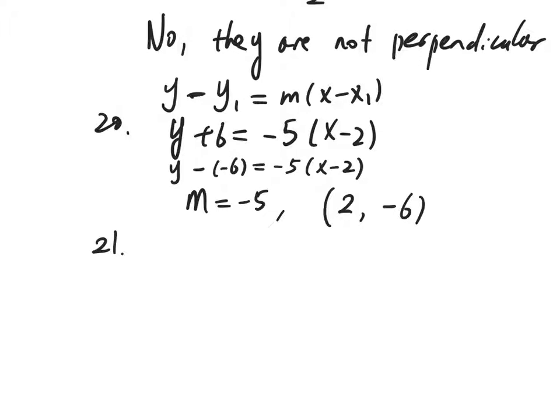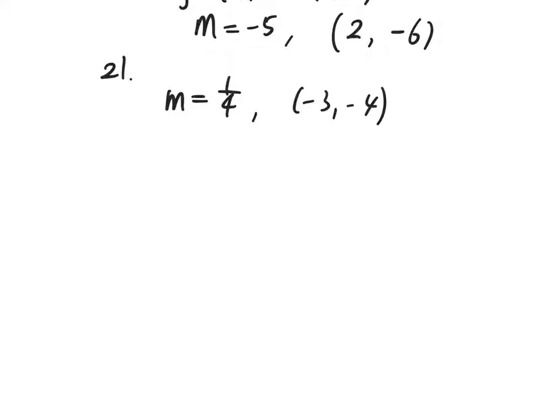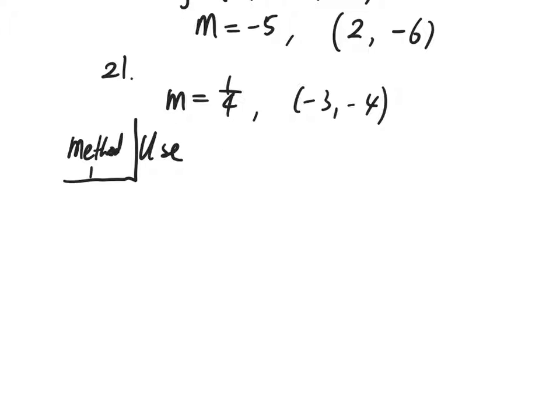And then 21, we'll find the equation if we know the slope is 1/4, and the point is (-3, -4). As I mentioned in class, you have two ways to do it. If you like to use y equals mx plus b, method 1, we'll plug in the point and the slope.